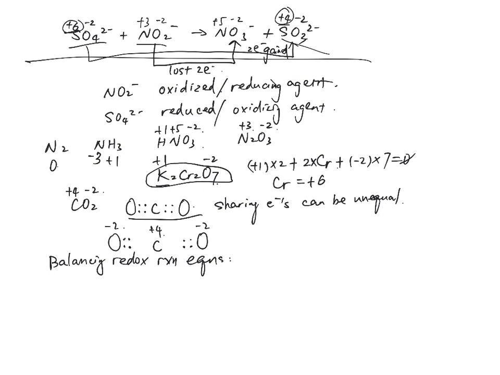So the part of balancing equations that focuses on not breaking down the polyatomic ions doesn't really apply to redox reactions. And this makes the balancing process of redox a little bit more complicated than normal.